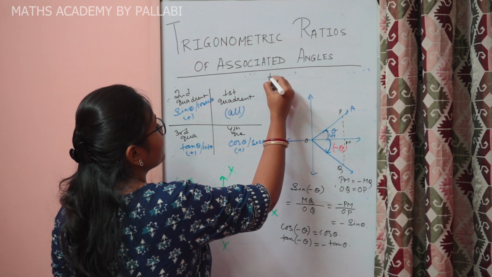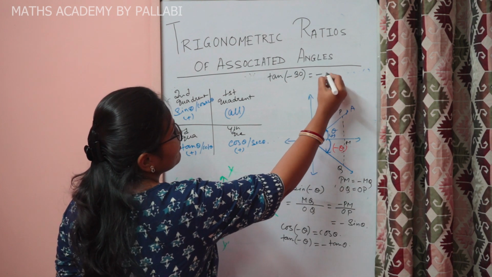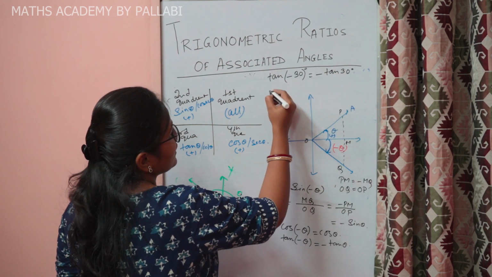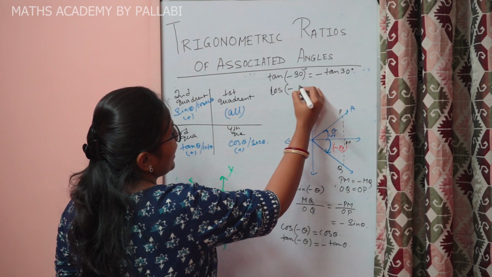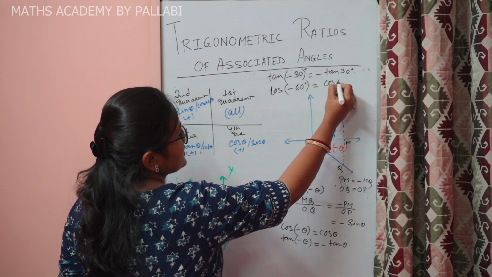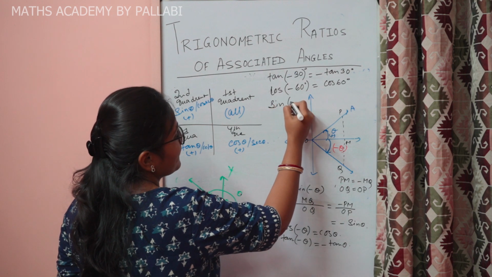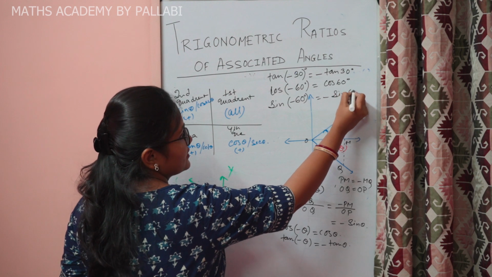Suppose you are taking tan minus 30, you can write it as minus tan 30 degrees. Suppose you are taking cos minus 60 degrees, it will be only cos 60 degrees. Suppose you are taking sine minus 60 degrees, it will be minus sine 60 degrees.